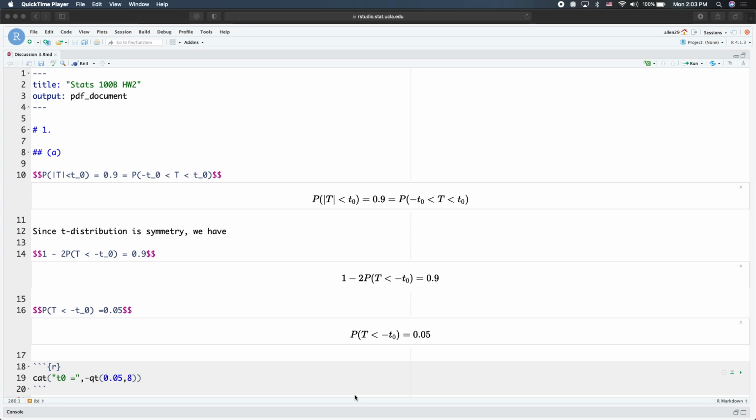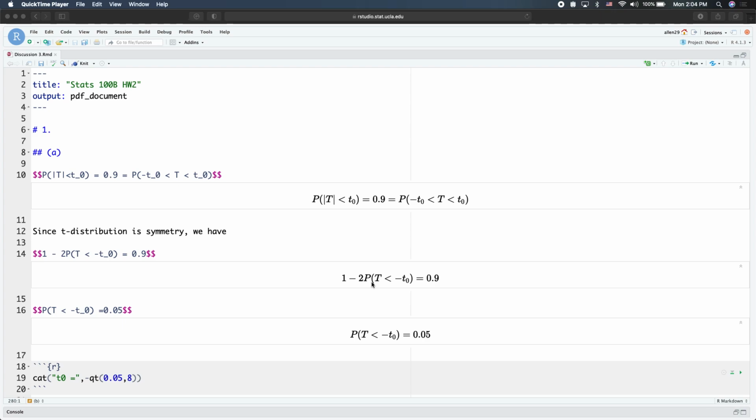And since the t distribution is symmetric, we can also write the center mass as 1 minus the lower tail. So 2 multiplied by the probability that T is less than negative t0, the left tail. If we do 1 minus 2 copies of that, it's the same as the center mass, and we still want 0.9.